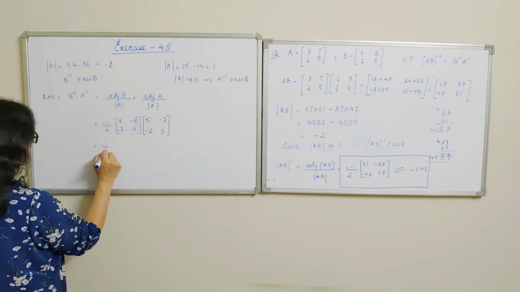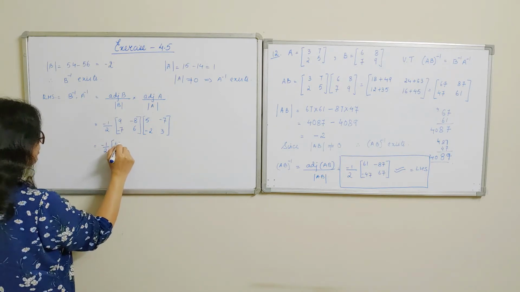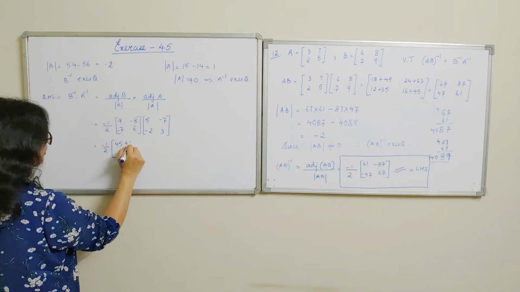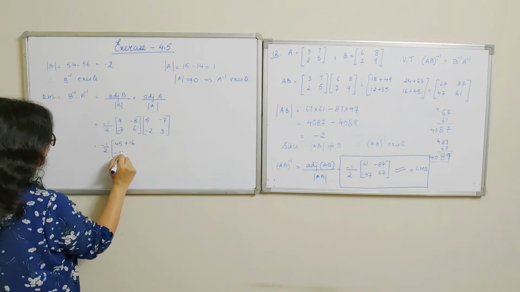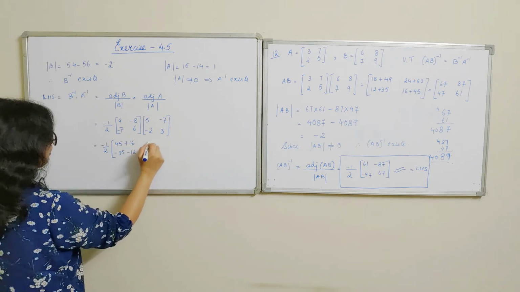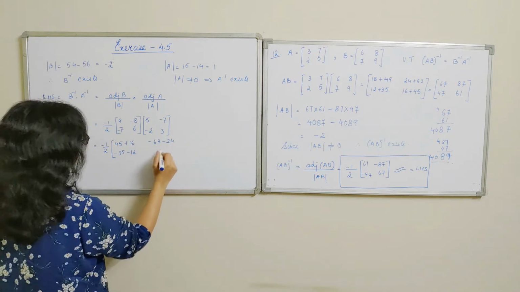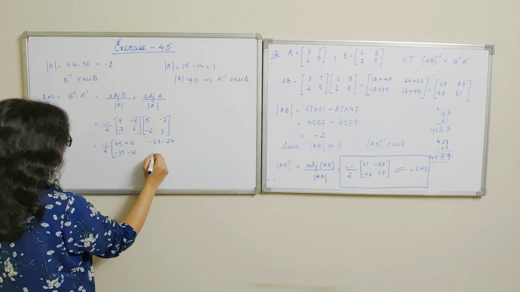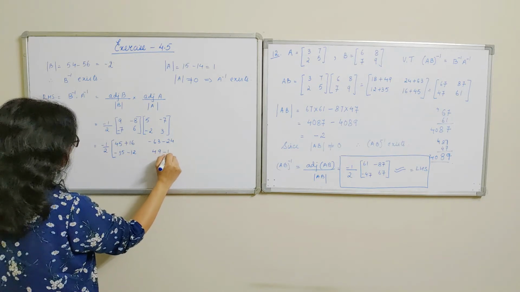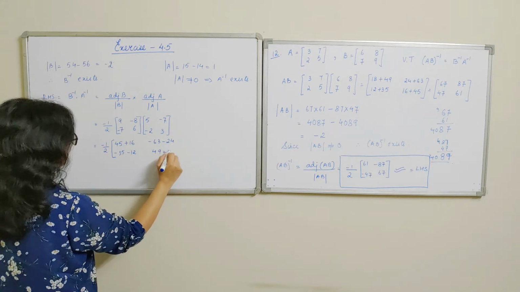Now let's perform this multiplication. So what we get here is 45 plus 16 minus 35 minus 12. Then here we get minus 63 minus 24, and we get here 49 plus 18.